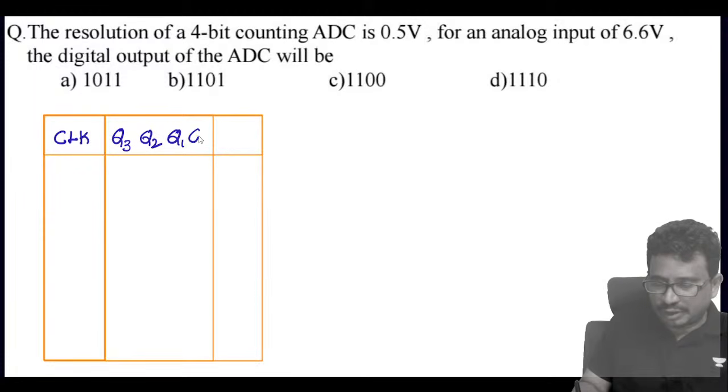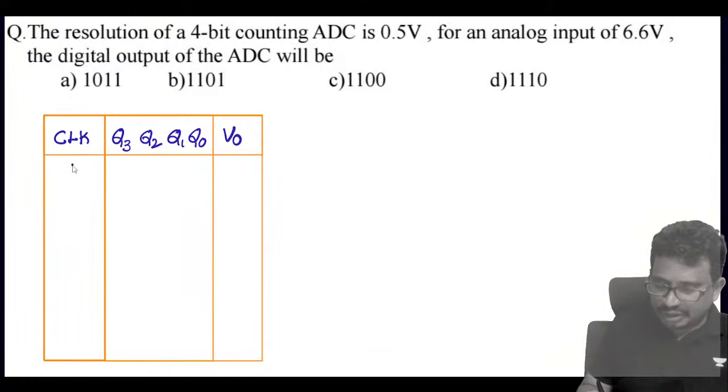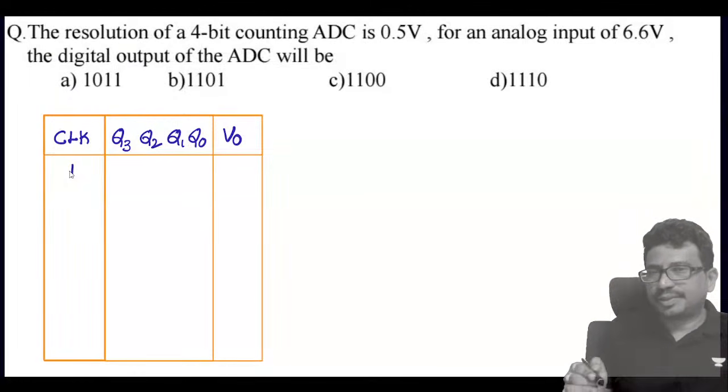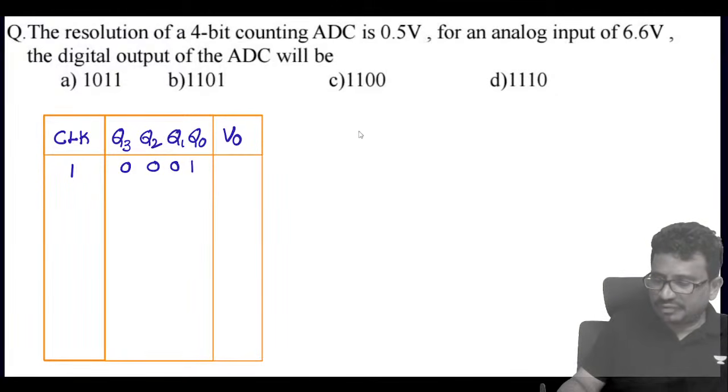Q2, Q1, and Q0, and this is the analog output. So initially we take the first clock. This is an up counter, so 0, 0, 1. We'll get this value. V0 is what, tell me now?